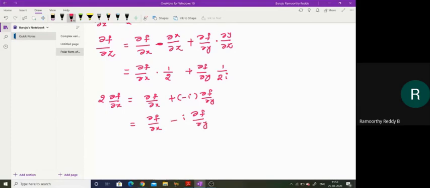So that is 2 times dou f by dou z. Similarly, what is 2 dou f by dou z conjugate? Since it is a conjugate, replace i by minus i: dou f by dou x plus i times dou f by dou y.